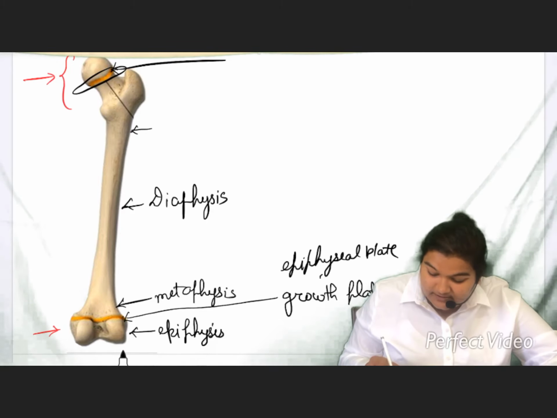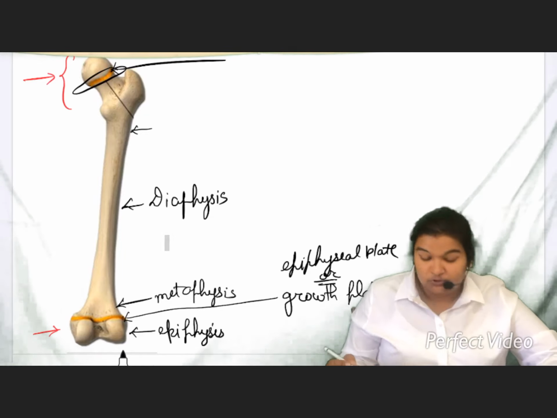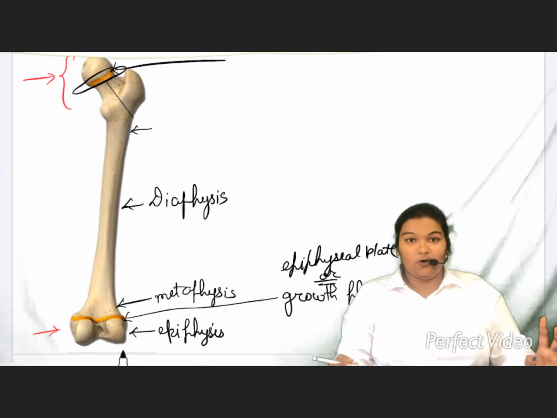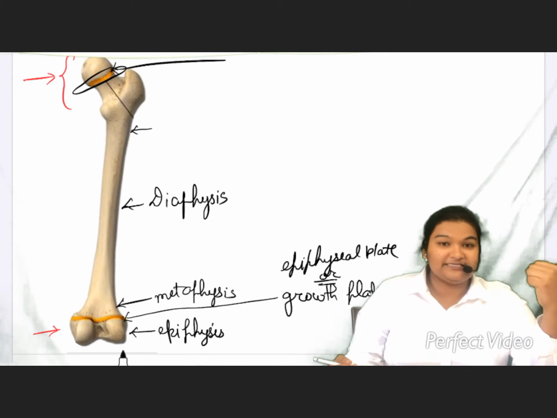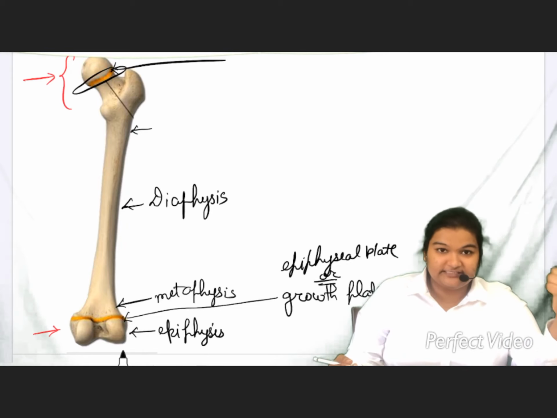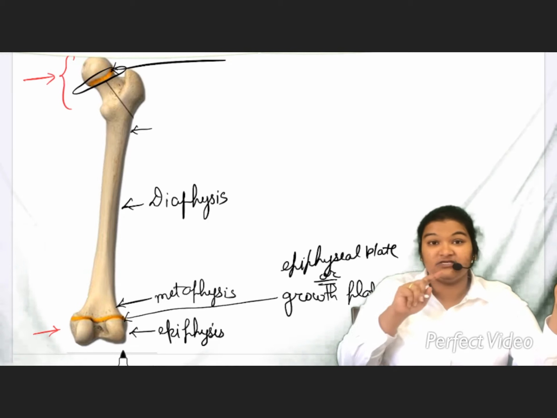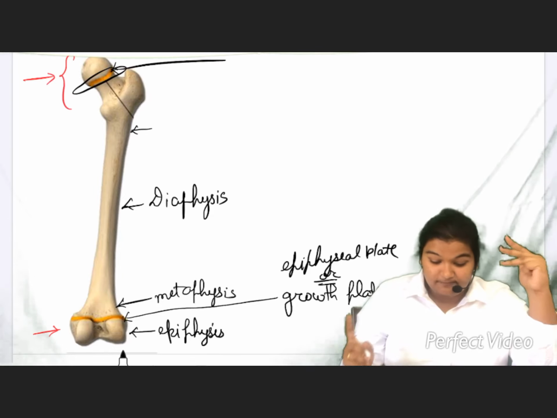So what are the parts of the typical long bone? We have two ends, epiphysis, a shaft, diaphysis, the place where the diaphysis and epiphysis meet, the metaphysis, and there is a growth plate or epiphyseal plate.